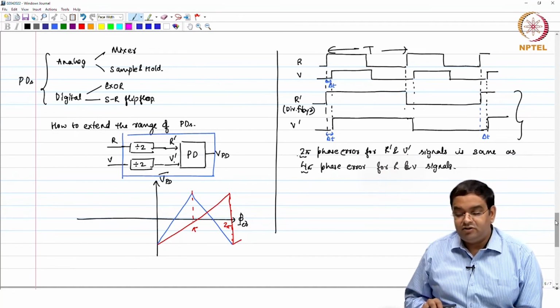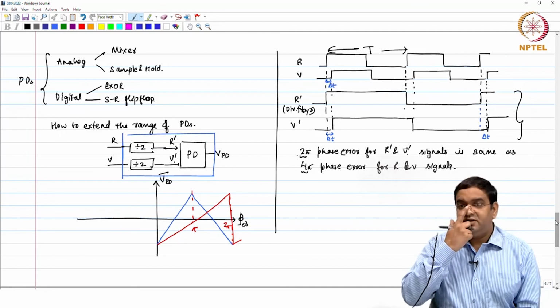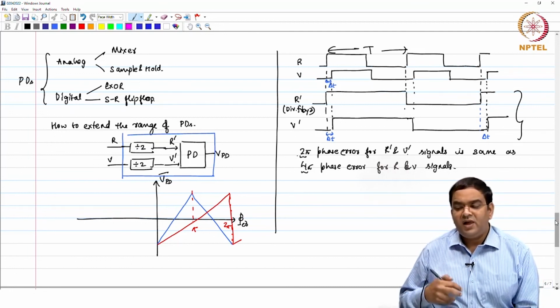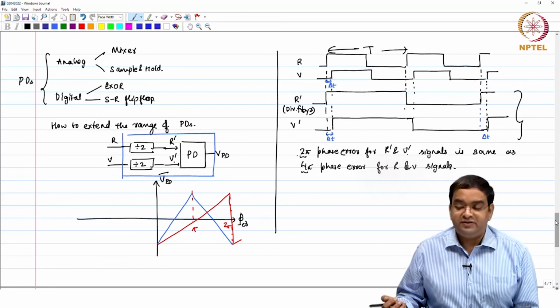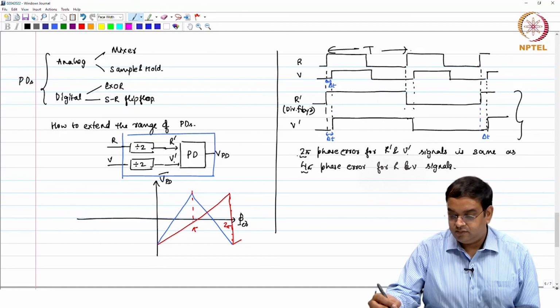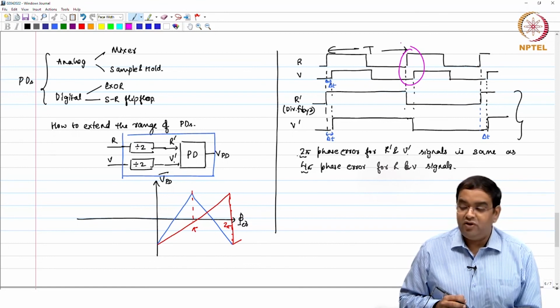Well, if it sounds good, there is a drawback, and the drawback is now you are measuring the phase error at half the frequency. So, if there is any phase error here in this particular case, that phase error will not be entertained in case of your SR based PD.